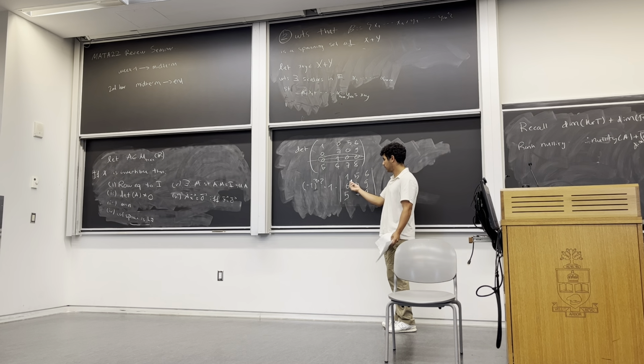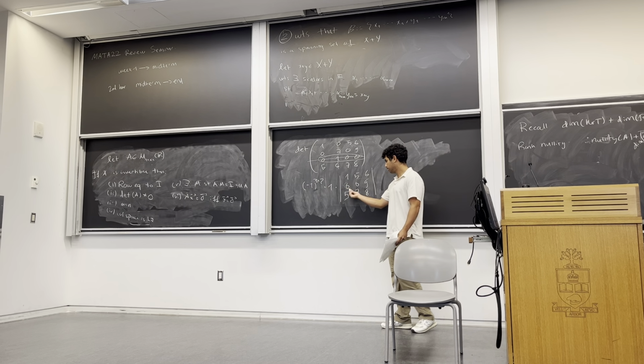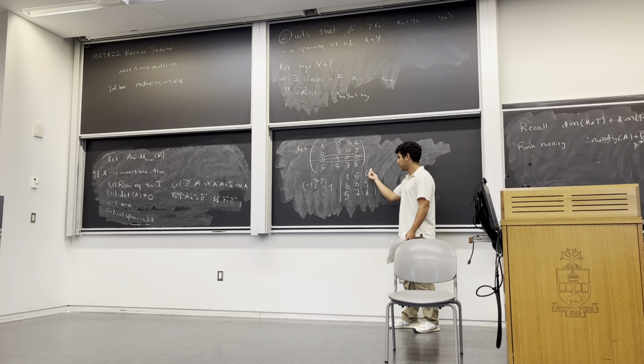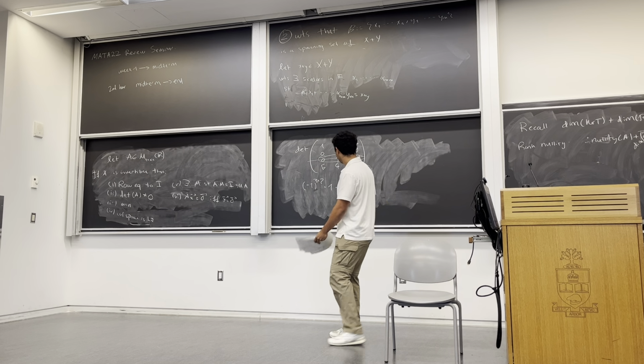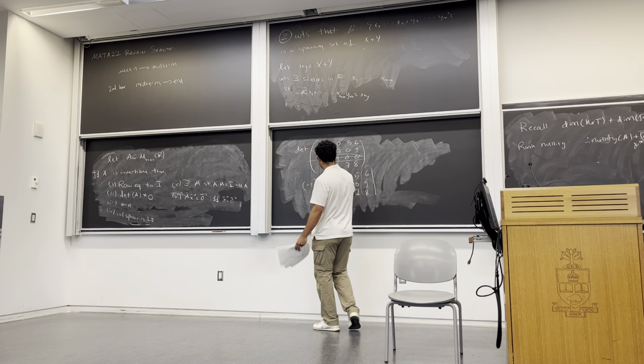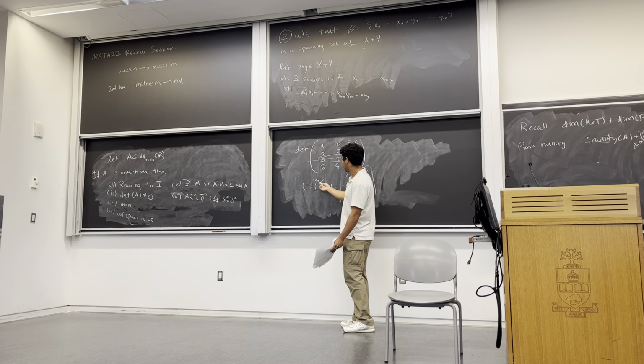Why? The second row, zeros. Wait, shouldn't that be negative 1? Oh, yeah, sorry. This is negative 1 to the power of 3 plus 2, right?